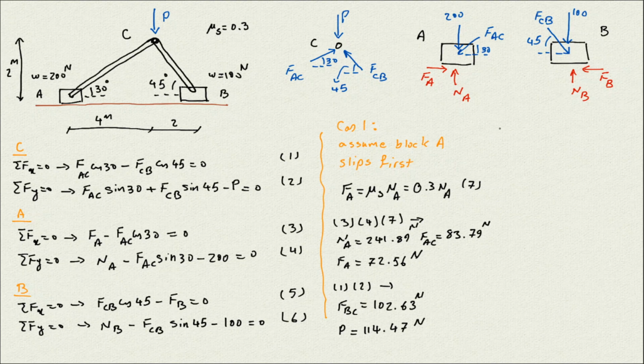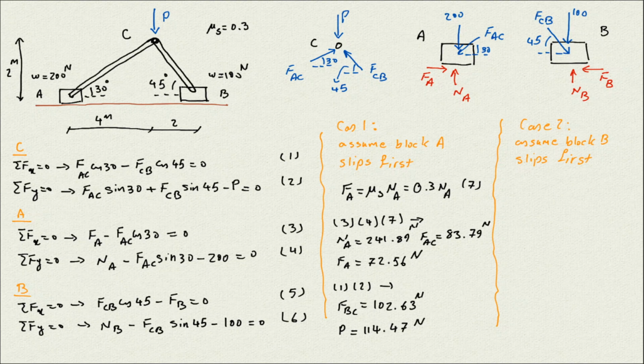So now I go ahead and assume the other case. The second case, case 2, is that we assume block B slips first. In other words, we assume A is not moving, but B is the one that actually starts to move.